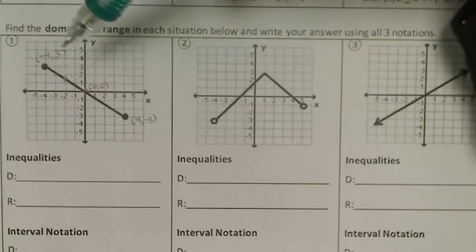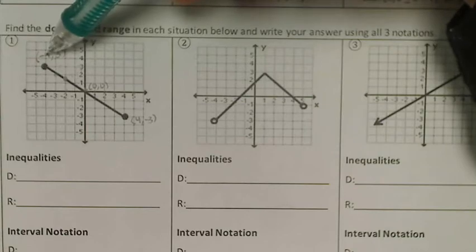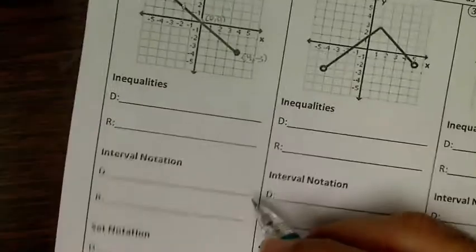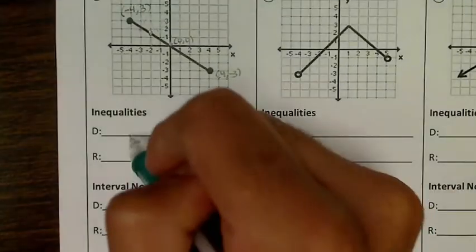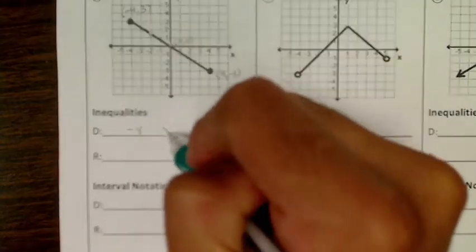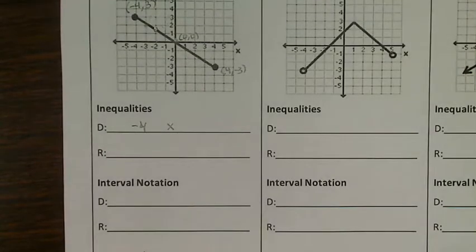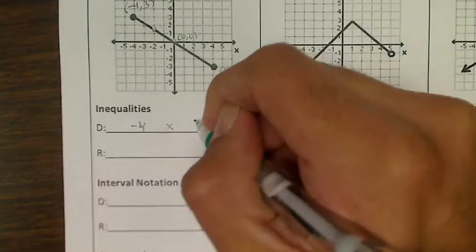So our domain is going to be, you start with the lowest x value that lies on our function, which in this case is -4. And our highest x value is +4.